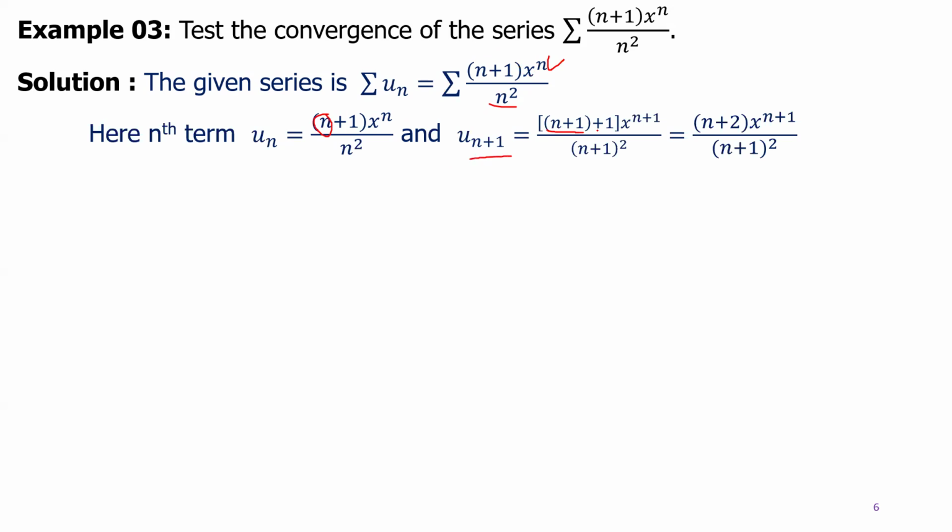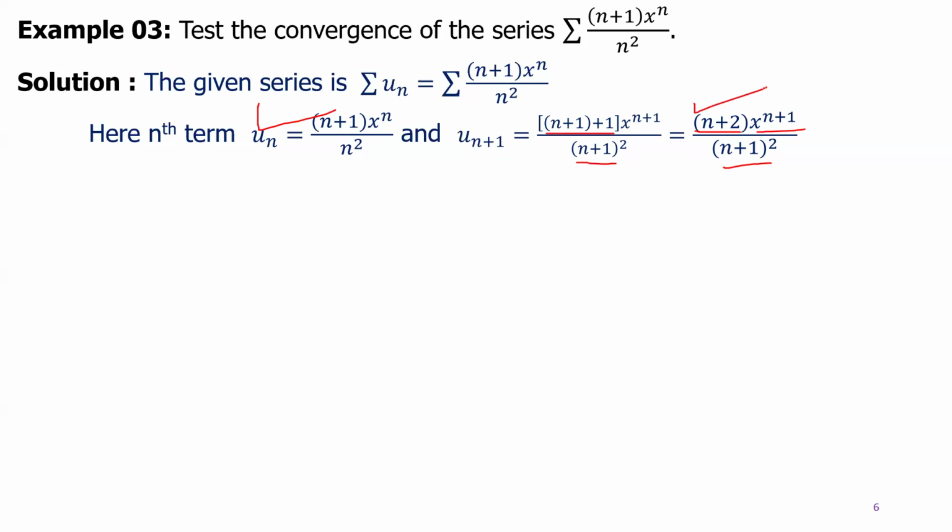So x to the power n plus 1, and this n becomes n plus 1, so n plus 1 plus 1 is n plus 2, and n square is converted to (n plus 1) whole square. So un plus 1 is (n plus 2) x to the power n plus 1 divided by (n plus 1) whole square.